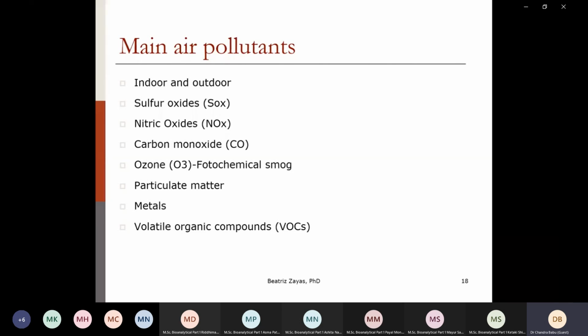So these are the main pollutants: sulfur oxide, nitric oxide, carbon monoxide, ozone, particulate matter in different sizes, metals, and volatile organic compounds.